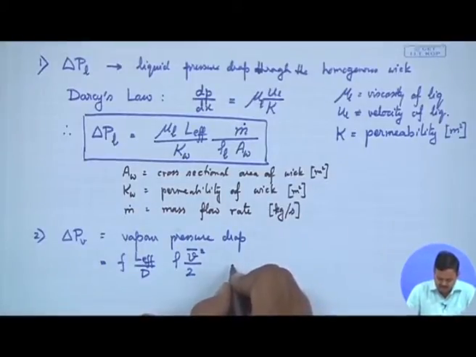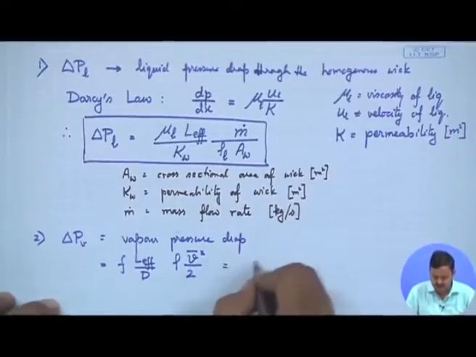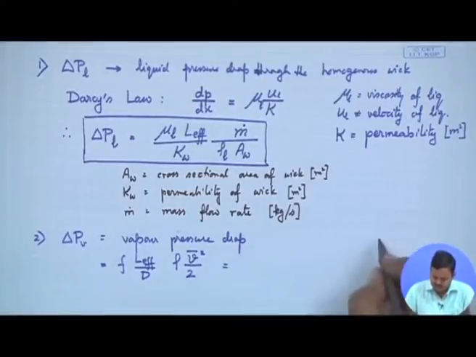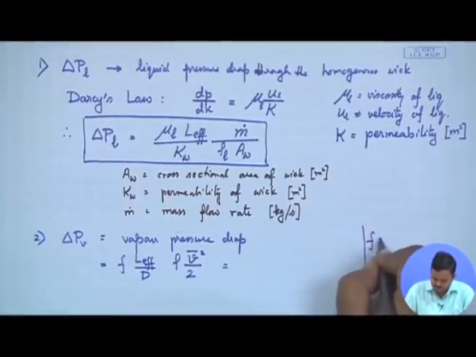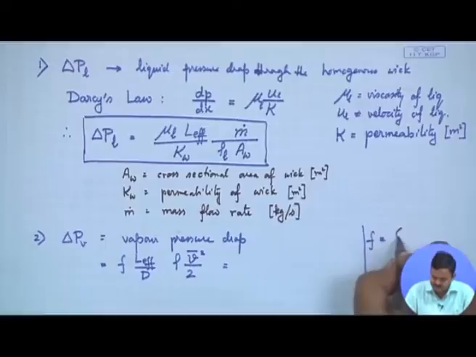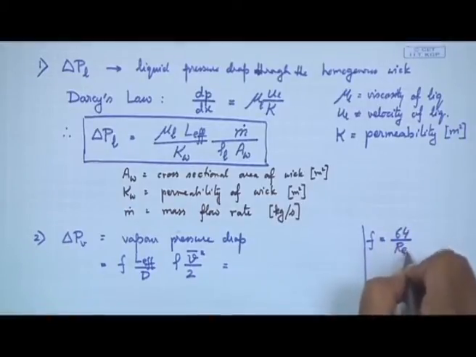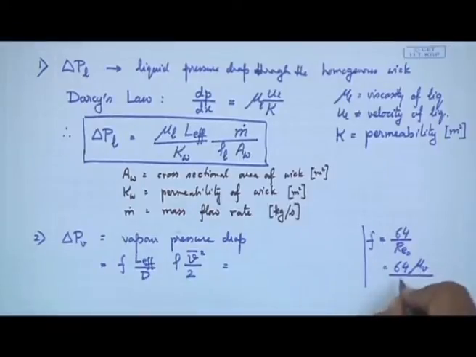And this again we can write it as, what is f? f for flow can be written as 64 over Reynolds number, or if we expand Reynolds number, 64 viscosity of the vapor divided by density of the vapor times the mean velocity times d, which is the inner diameter of the core, right.